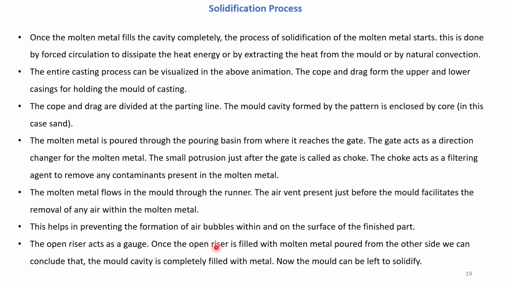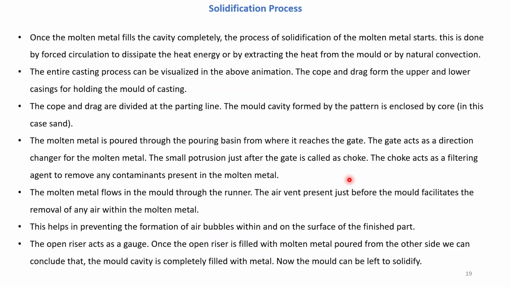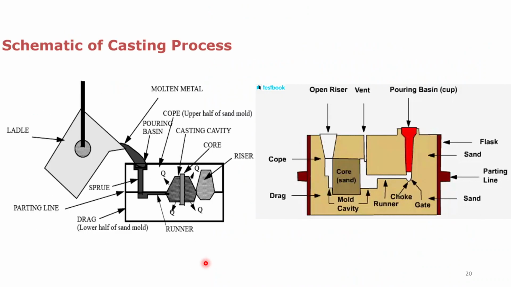So after pouring this, when you start seeing the molten metal through the riser part, then you can confirm that this entire cavity is filled. So you stop pouring further metal. Okay, now this is the ladle. This was previously kept in the furnace for melting of the scrap metal, and after that it is poured.